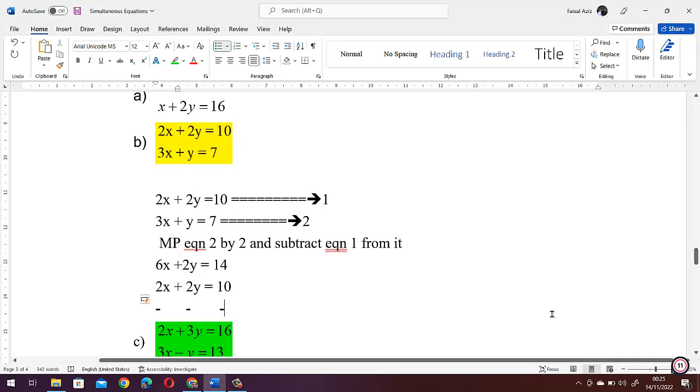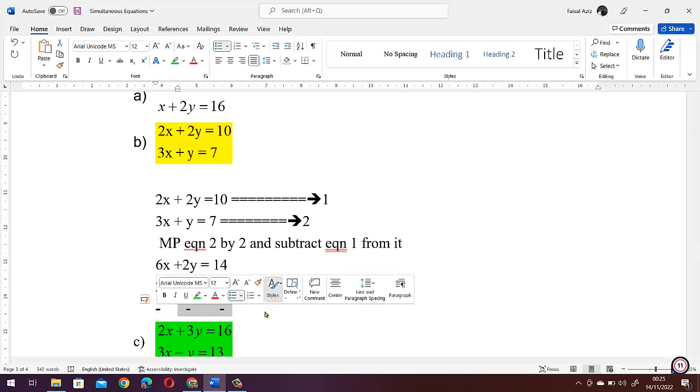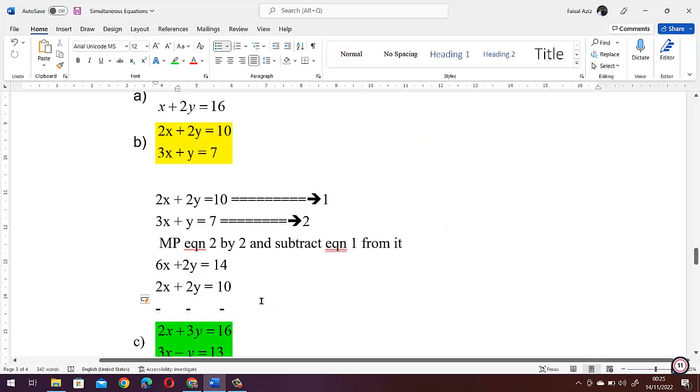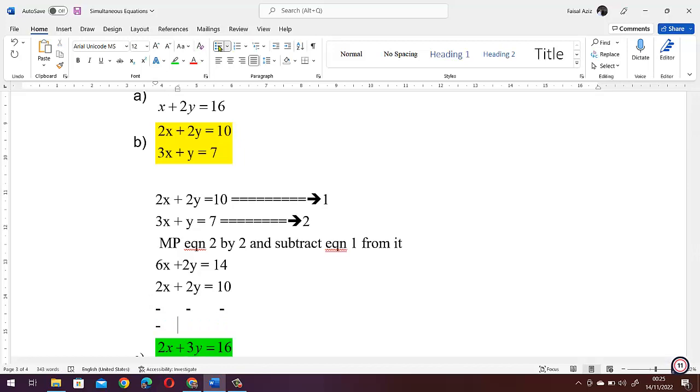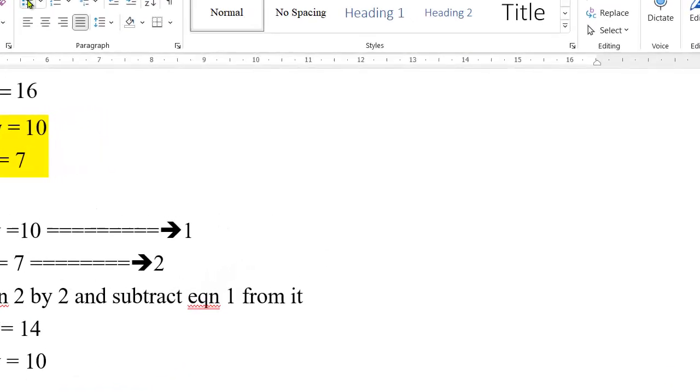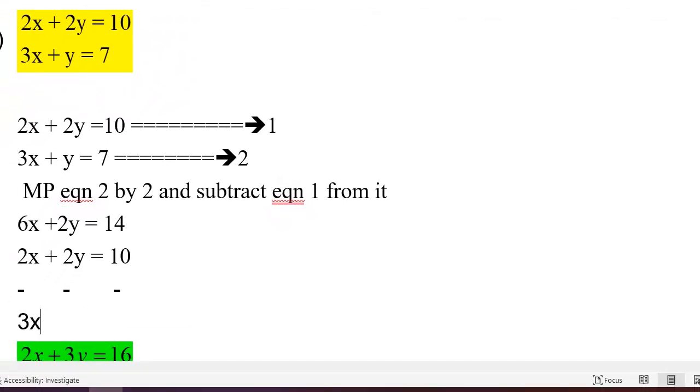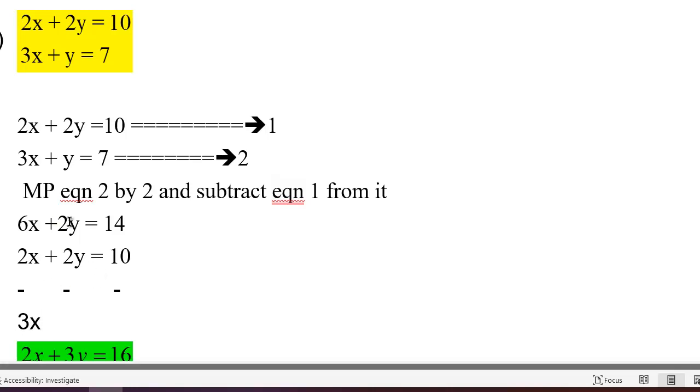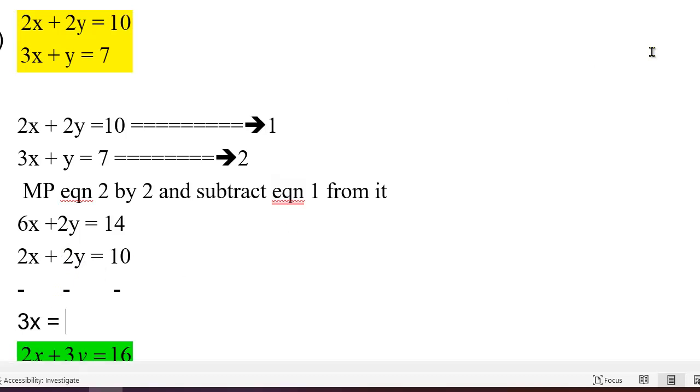So when we perform this operation, let me mention it here, it will give us 6x minus 2x, so it will give us 3x, plus 2y and minus 2y will cancel each other, and this will be equal to 14 minus 10, which is 4.